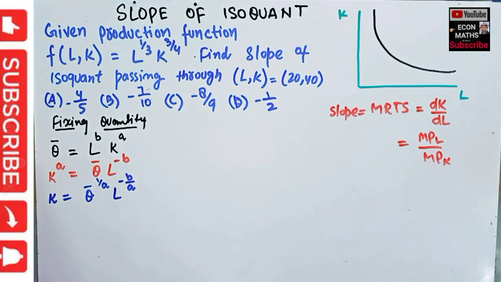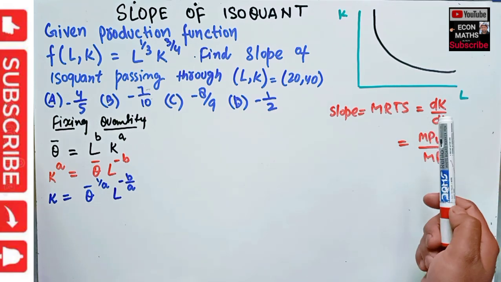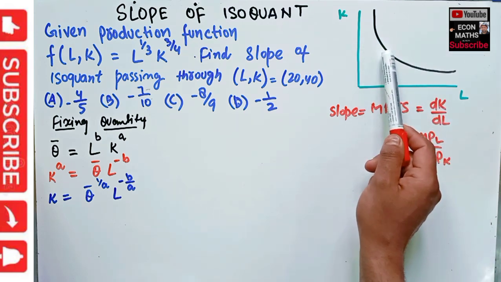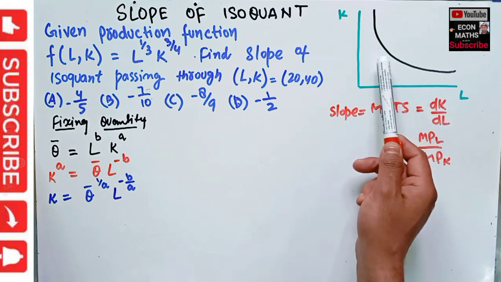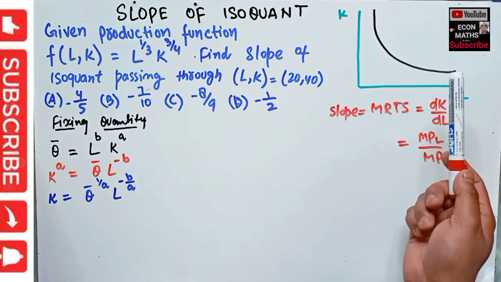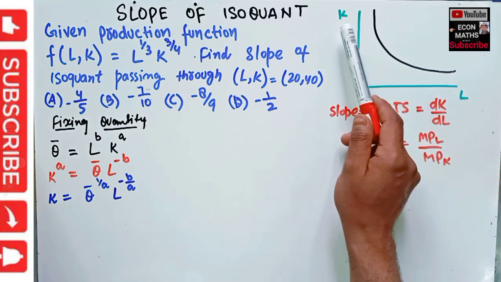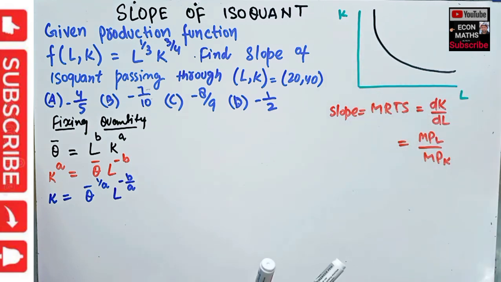Slope simply shows us how many units of capital I have to sacrifice for an additional unit of labor so that I get the same output level. I am fixing the quantity and simply changing the combinations of capital and labor. That gives us the slope of the isoquant.